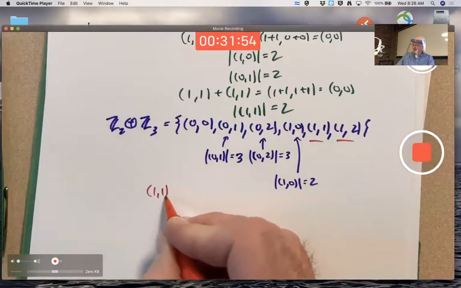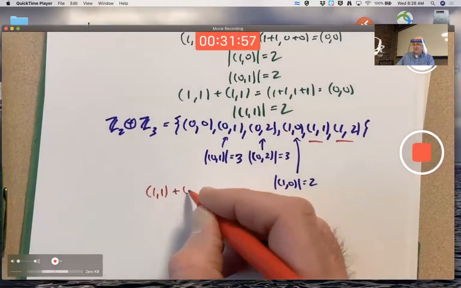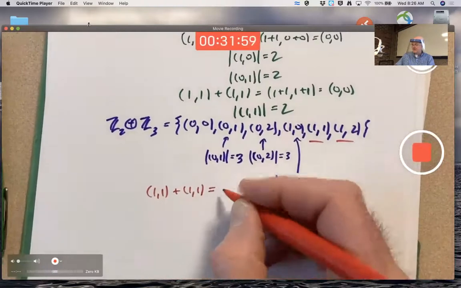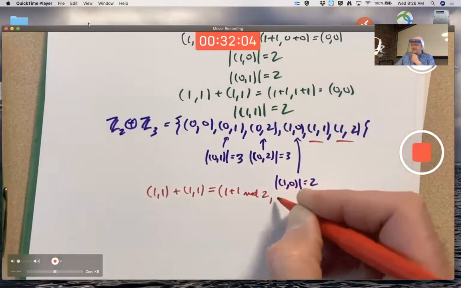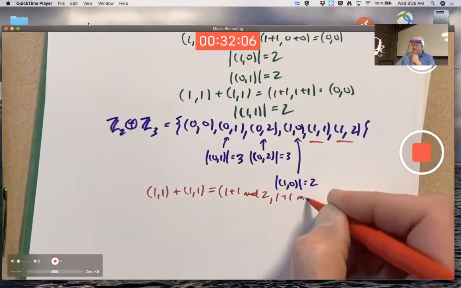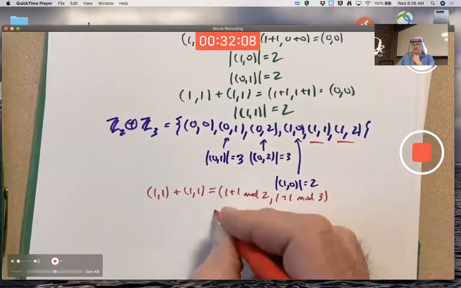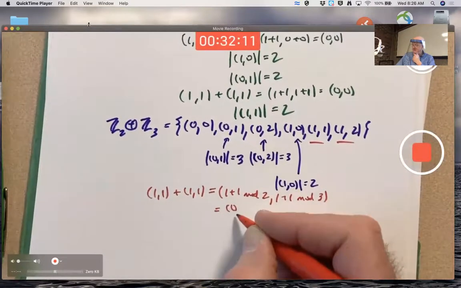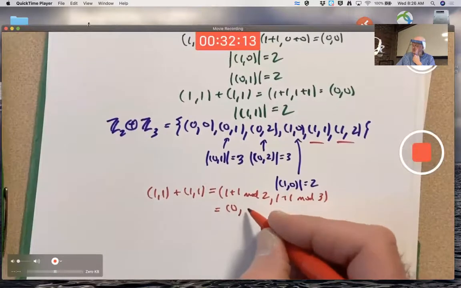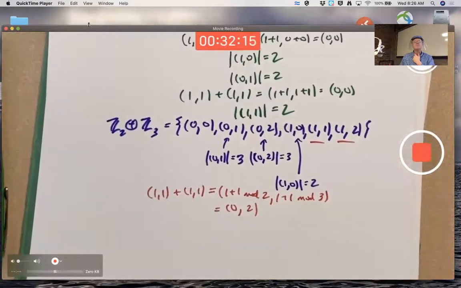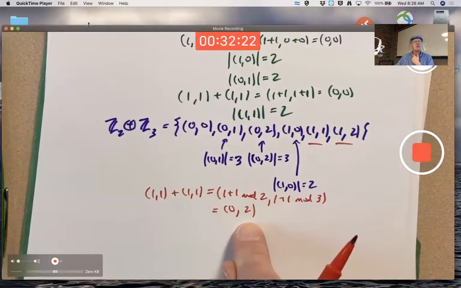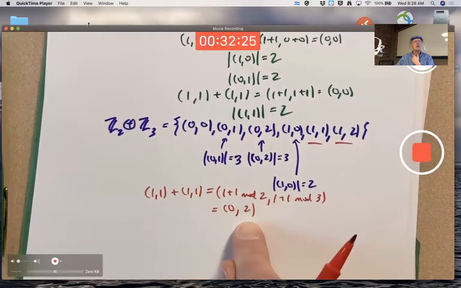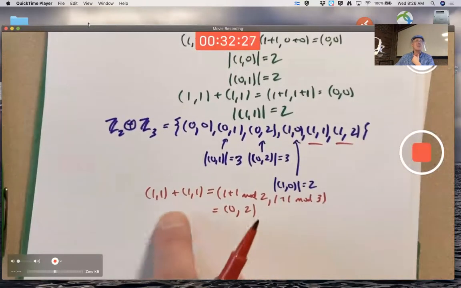Think about 1, 1. 1, 1 plus 1, 1. First component is mod 2. Second component is mod 3. It's a different operation in the components. Gets you to 0, 2. Adding this one to itself once gets you to an element of order 3. This element's got to have order 6.